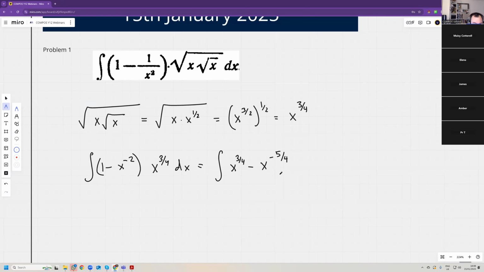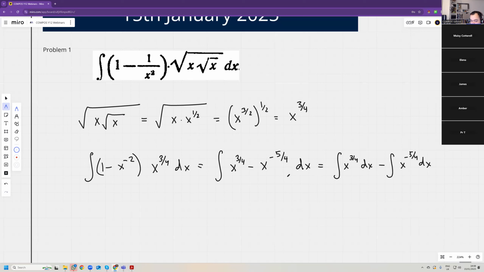If I make a mistake, please let me know. dx. And now I can integrate them separately: the integral of x to the power 3/4 dx minus the integral of x to the power minus 5/4 dx.